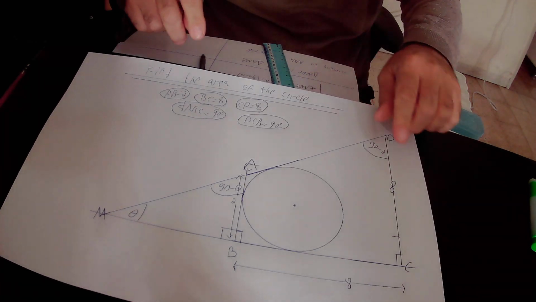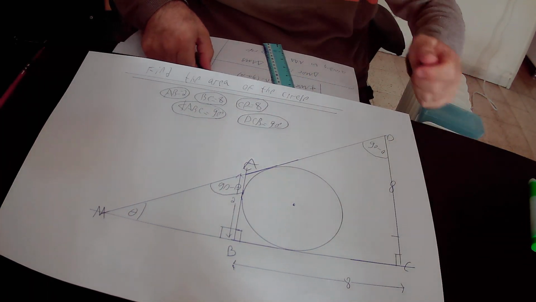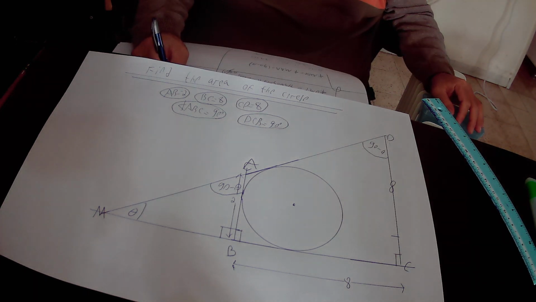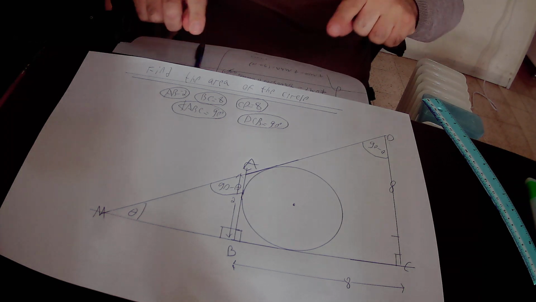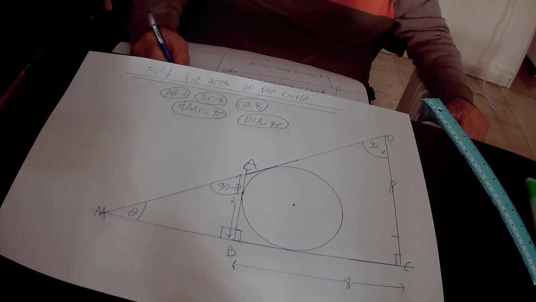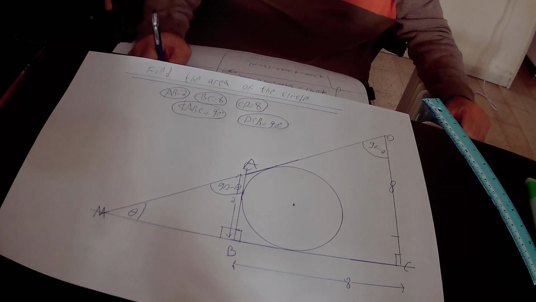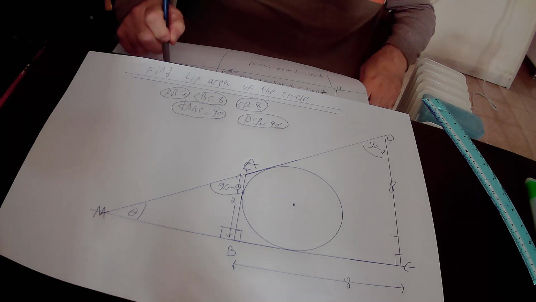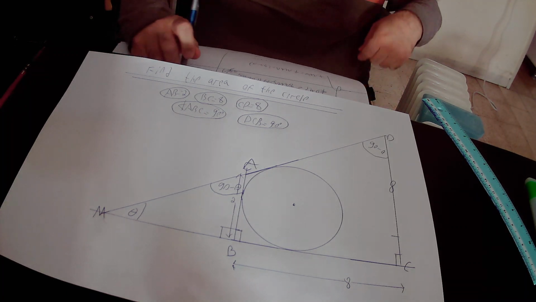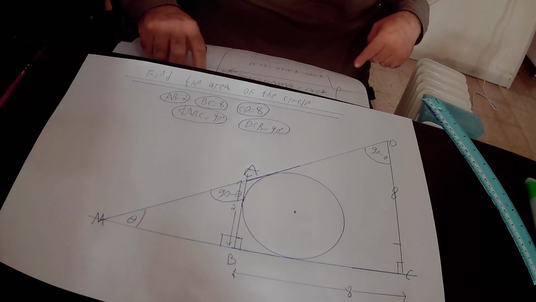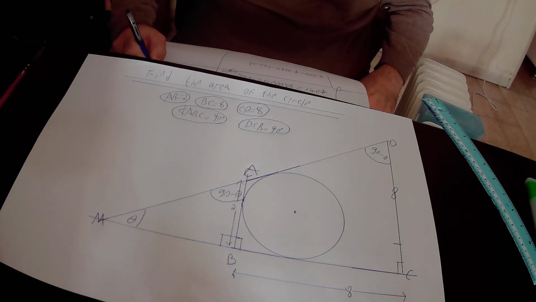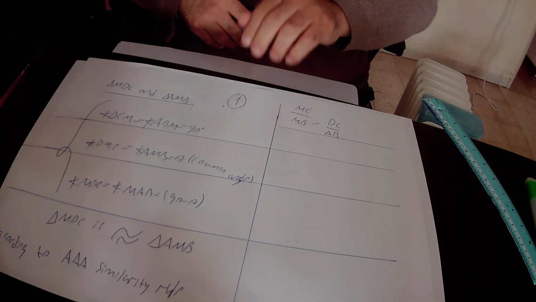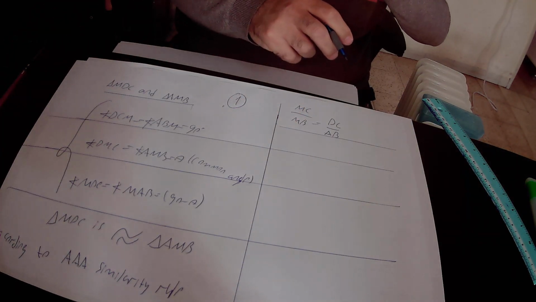We derive that MC in the big triangle over MB in the small triangle is equal to DC in the big triangle over AB in the small triangle. Repeat again: MC over MB equals DC over AB.